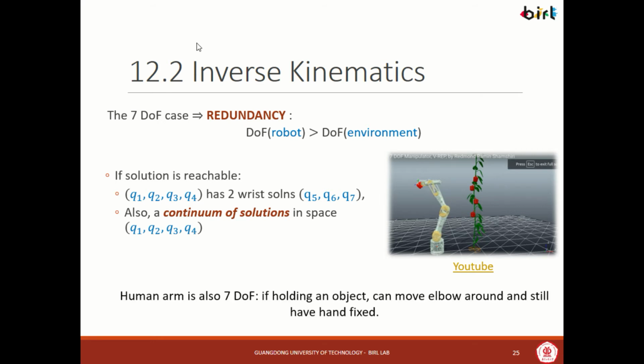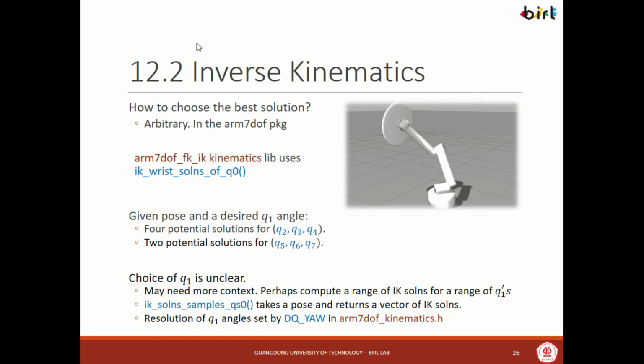So here I talk about the human arm. Now for this 7 degree of freedom, in this case we're using the analytical derivation. We're working with this model for the 7 degree of freedom robot arm, 7DOF.